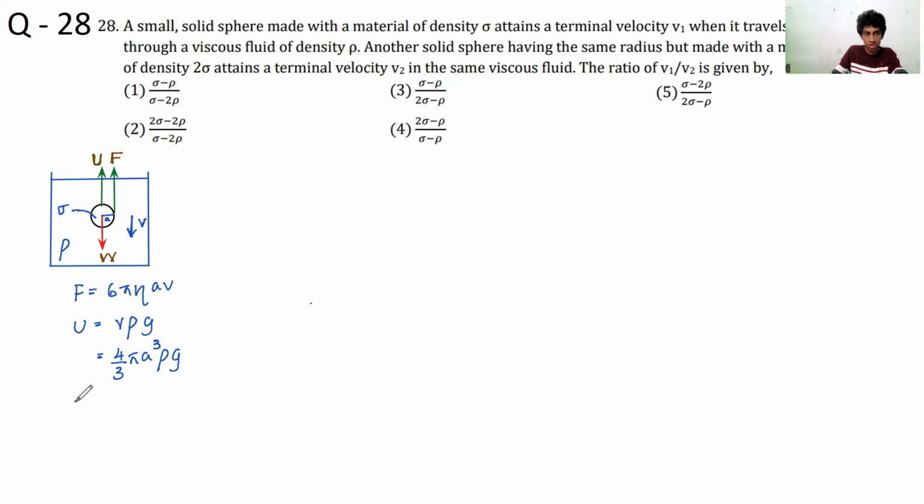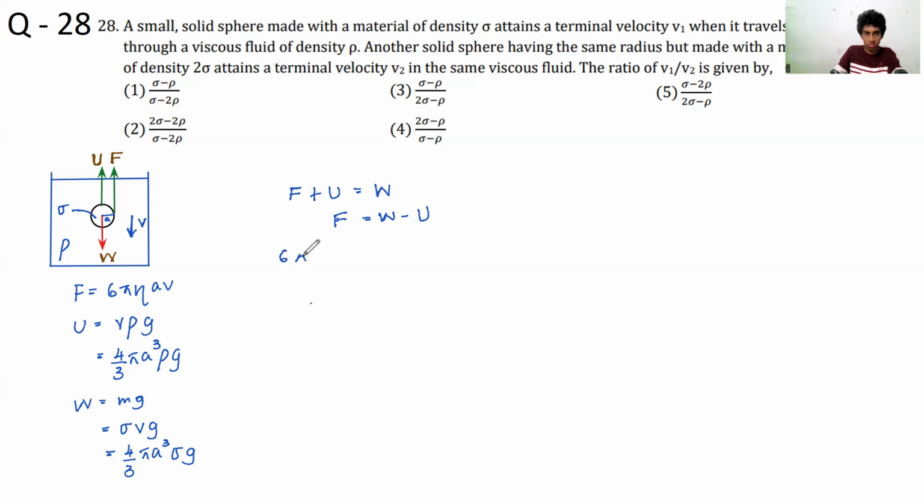And W is equal to mg, and mass is density into volume, and volume is 4 over 3 pi A to the power of 3, and sigma into g. So here the sum of the viscous force plus the upthrust is equal to the weight. So therefore the viscous force is equal to W minus U.